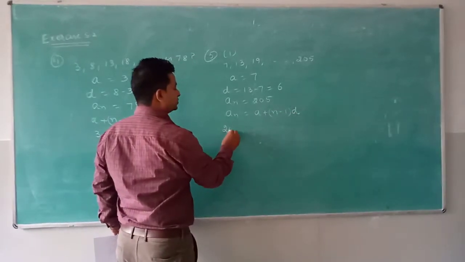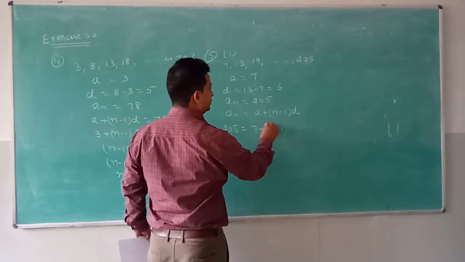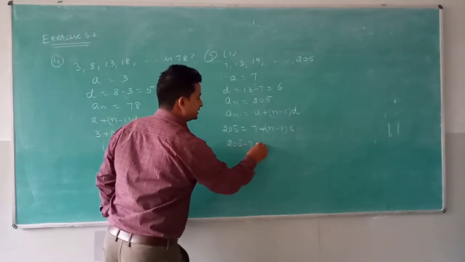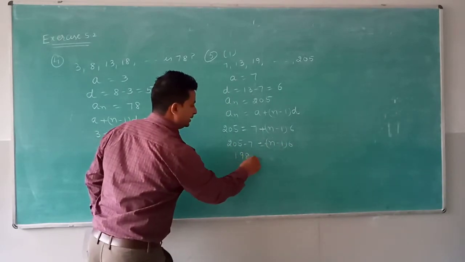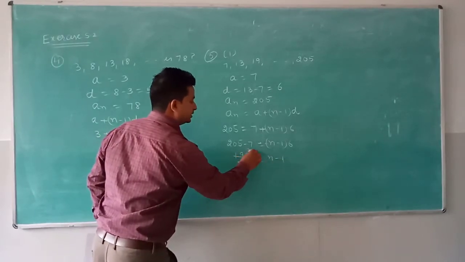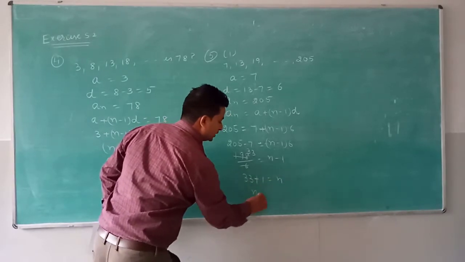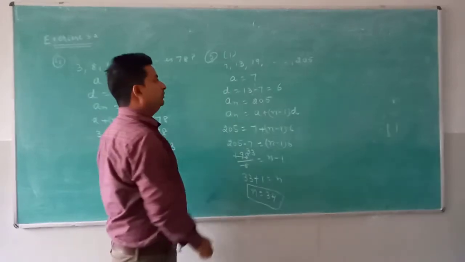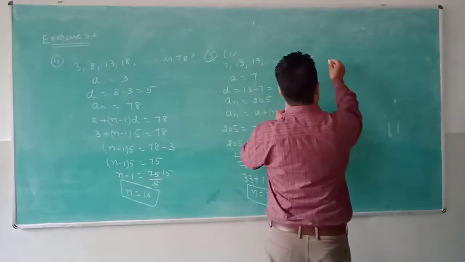The value of an is 205, a is 7, and d is 6. So this is 205 minus 7 equals (n minus 1) into 6. This is 198 by 6 equals n minus 1. This is 33 plus 1 equals n. So n is 34. This means that the 34th term of this AP is 205.